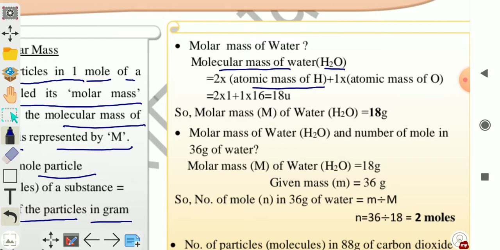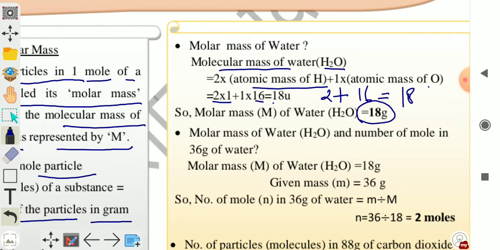The atomic mass of hydrogen is 1U, while the atomic mass of oxygen is 16U. We have taken 2 atoms of hydrogen, so 1 is multiplied by 2. So it will be 2 plus 16, which means 18. When it is represented in gram, it is called molar mass. So the molar mass of water will be 18 gram.